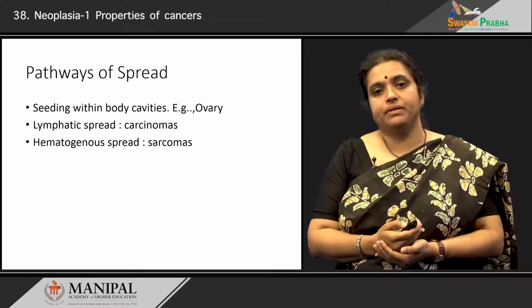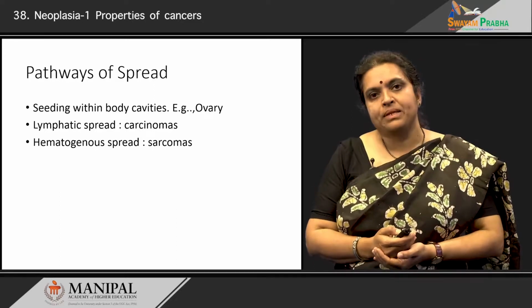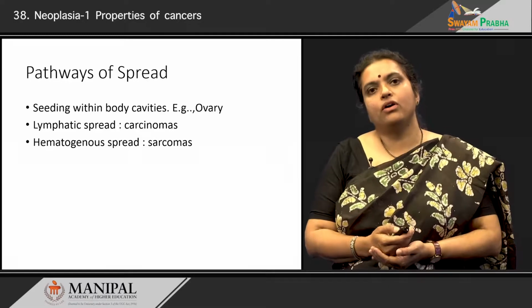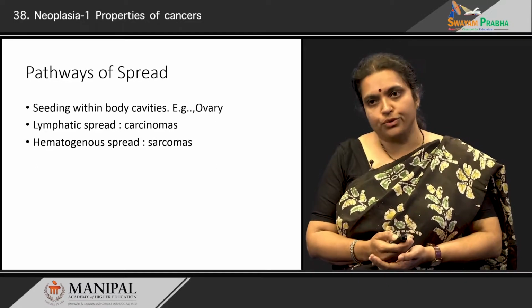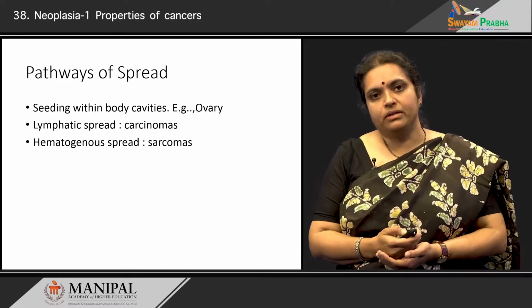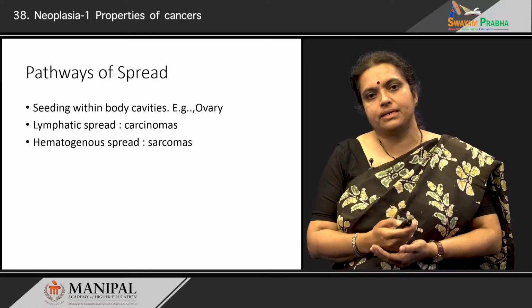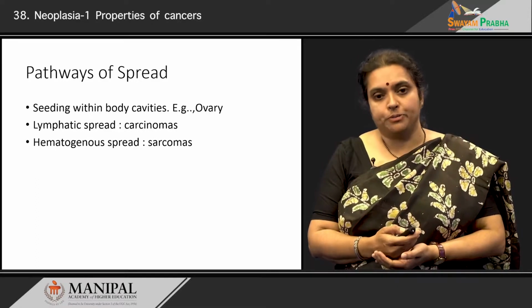That can also happen rarely, and these are known as skip metastasis. The first lymph node that is in the draining area of the cancer is called a sentinel lymph node. How this is important we will come to in one of the later lecture series. How is the sentinel lymph node important in cancer management?